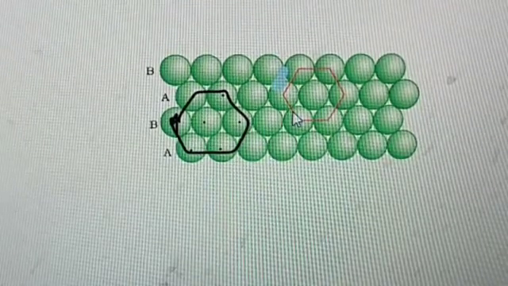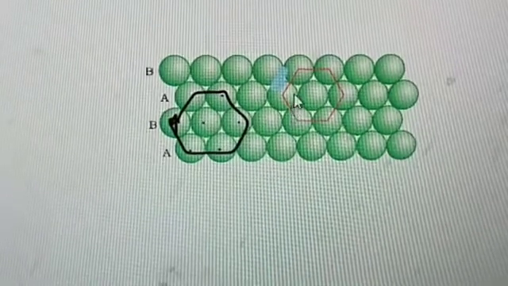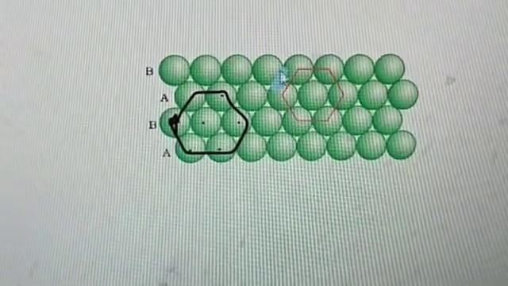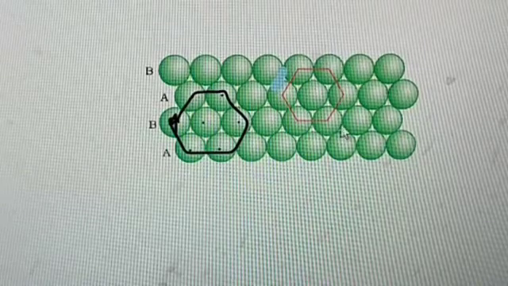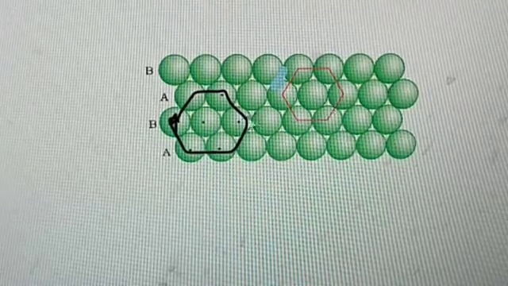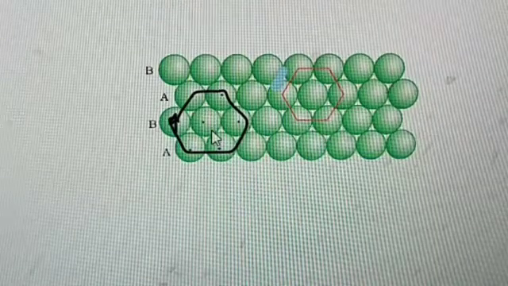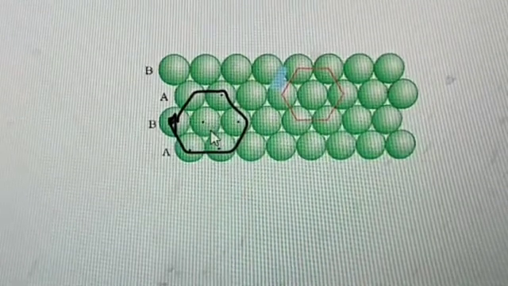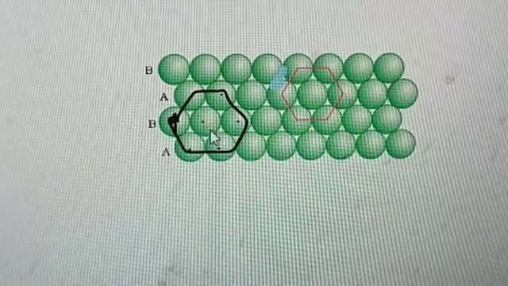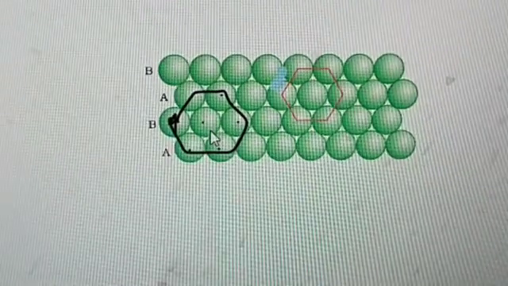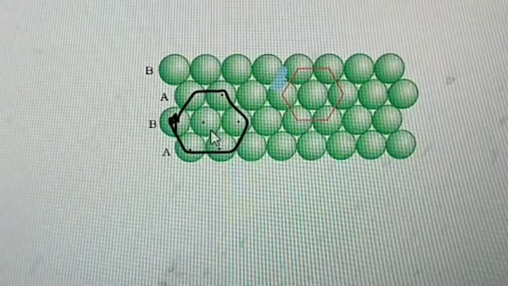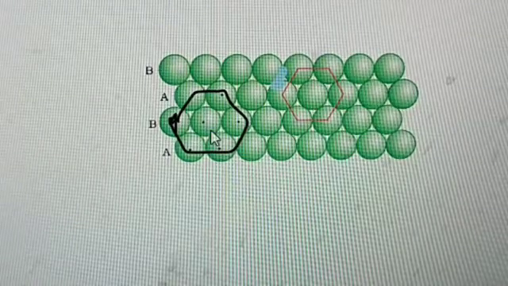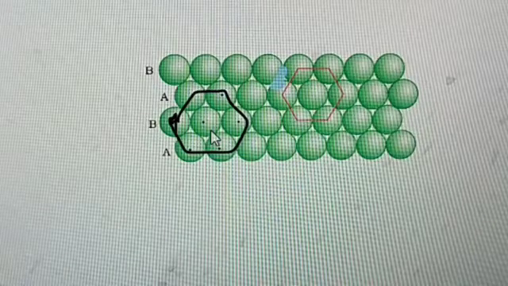That's why we call it the square close packing structure. Now here, when we join the centers of the neighboring spheres, we get a hexagon, so we call this hexagonal close packing. So the AA type of arrangement is called square close packing, and the AB arrangement is called hexagonal close packing.